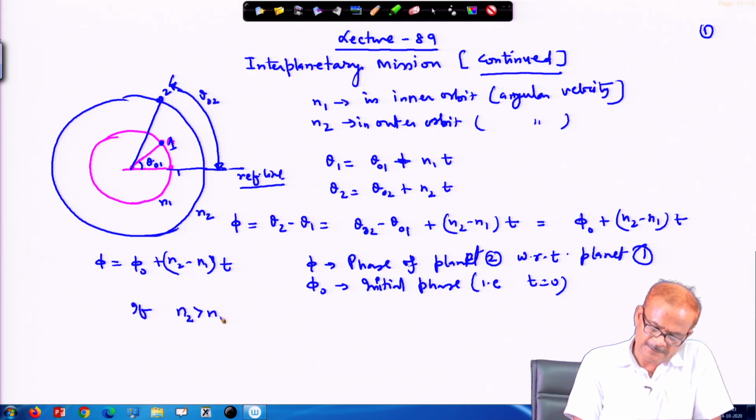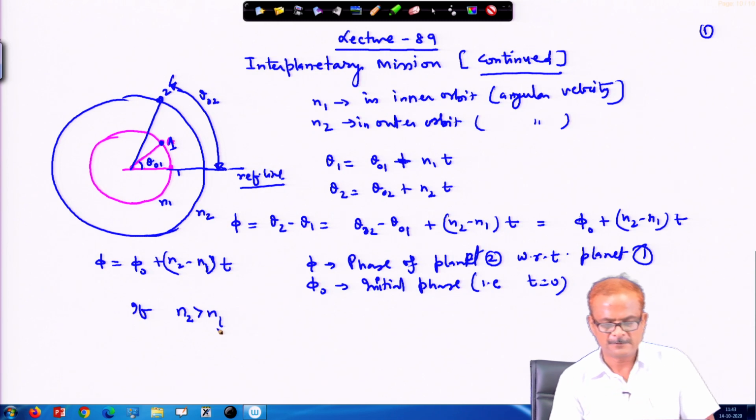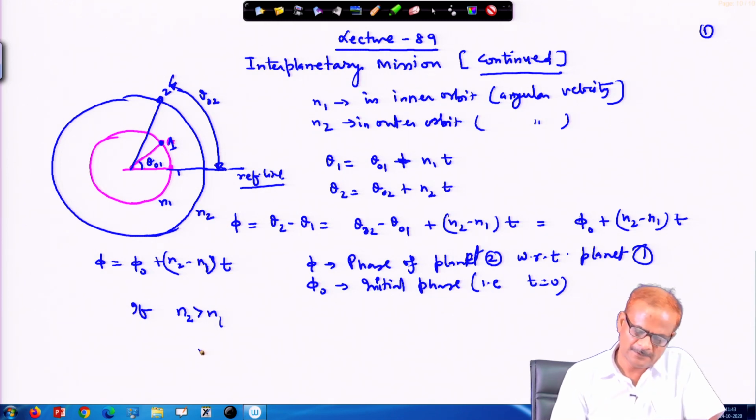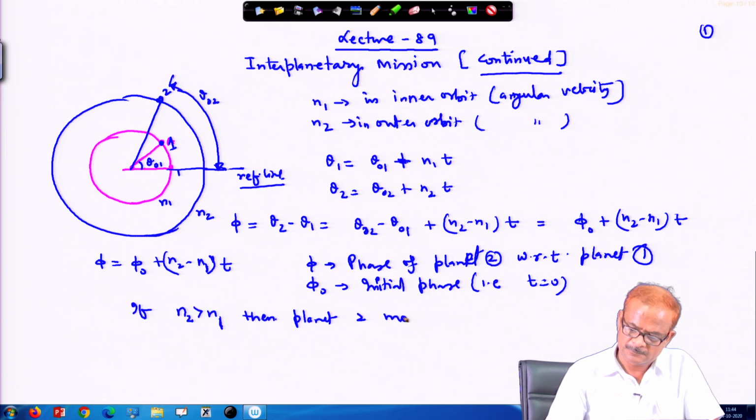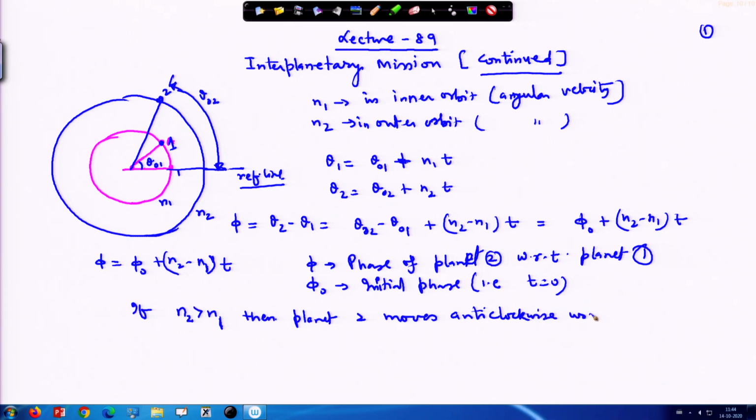If n 2 is greater than n 1, which will happen only if planet 2 is lying in the inner orbit and planet 1 is lying in the outer orbit. So, if n 2 is greater than n 1, then planet 2 moves anti-clockwise with respect to planet 1.